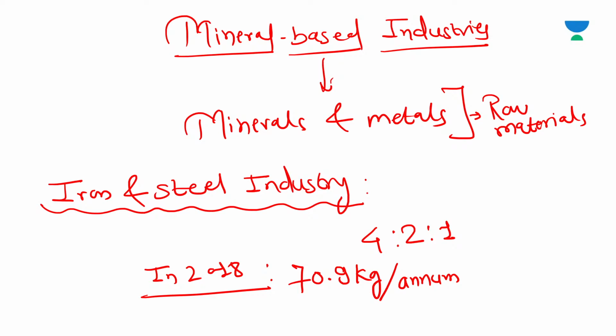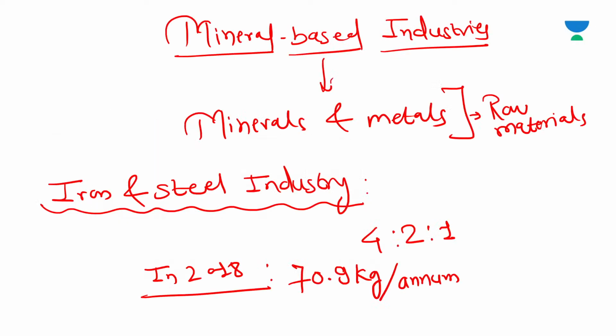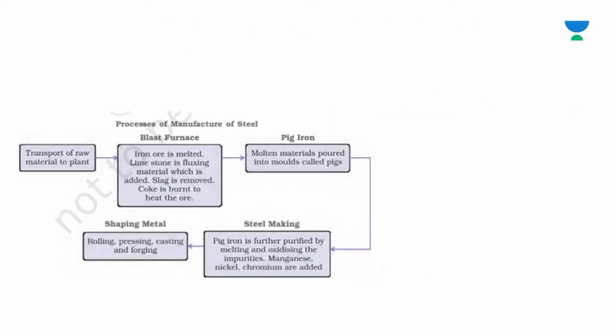So the total production of finished steel in India, that is in 2013-14, is 87.67.